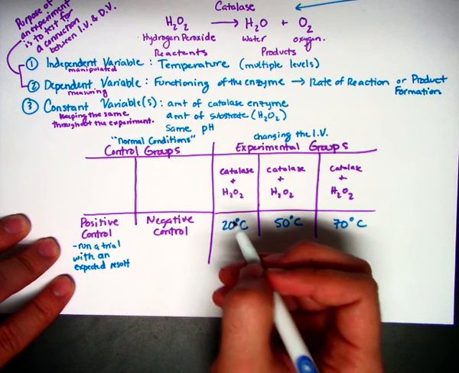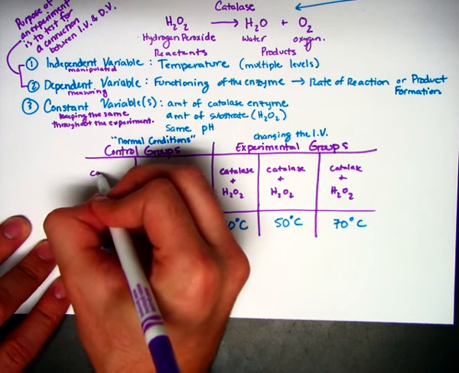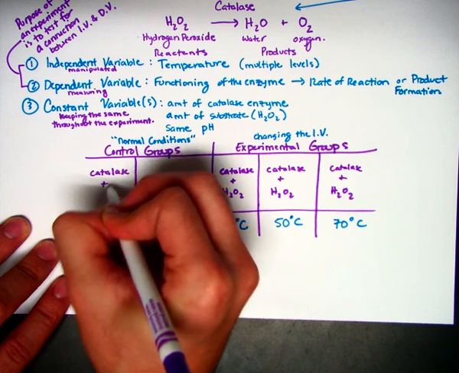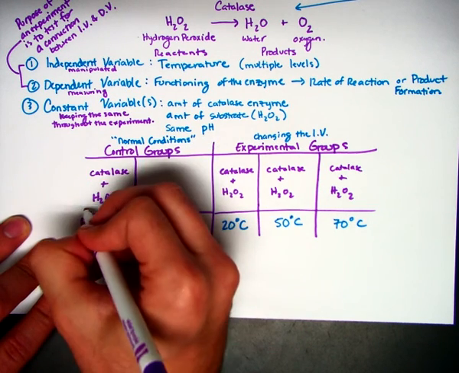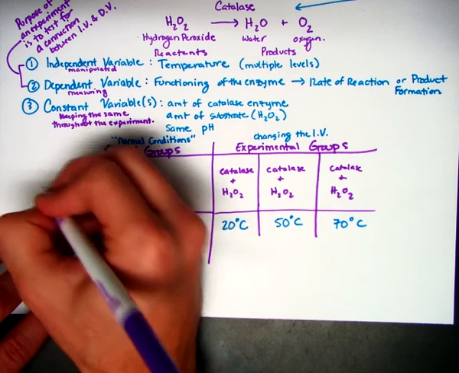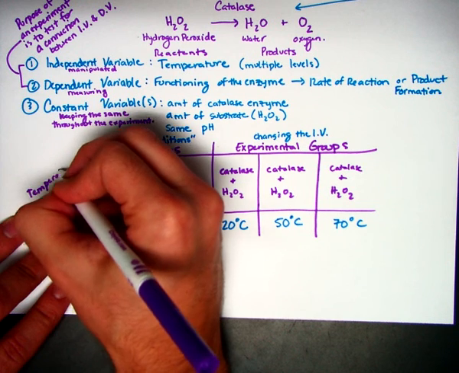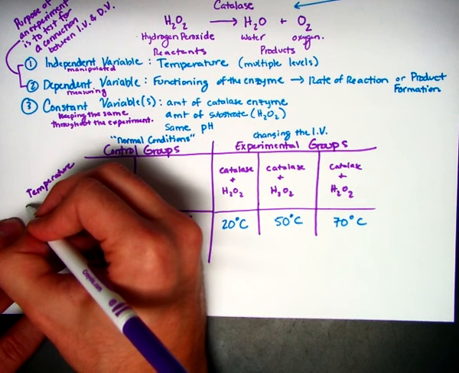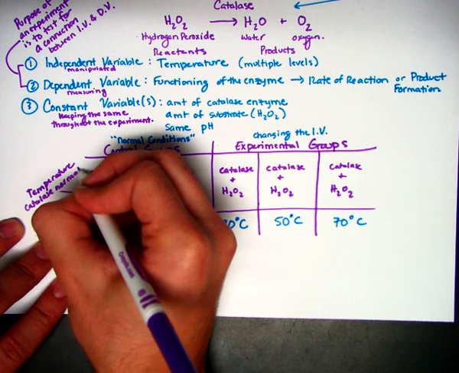So in this case, a positive control would be catalase plus hydrogen peroxide at 37 degrees Celsius, which is the temperature that catalase normally operates under. Which is body temperature.